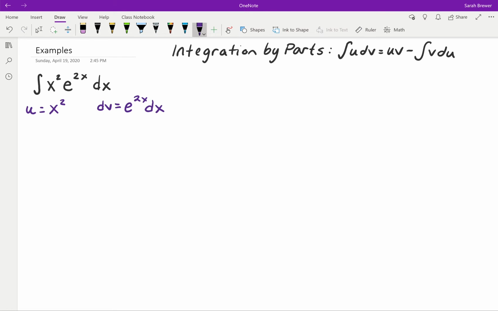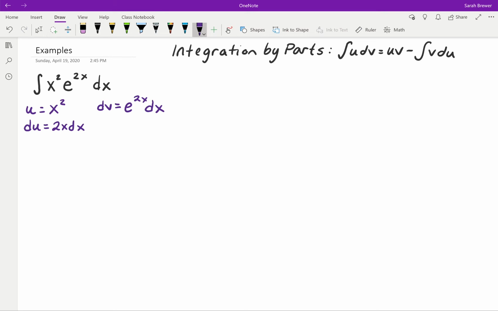Okay, so we're going to take the differential of x squared, so that's going to be 2x dx, and then when we integrate e to the 2x, I'm not going to bother with a u substitution here because I feel like it's just a little too clunky with all the integration by parts.